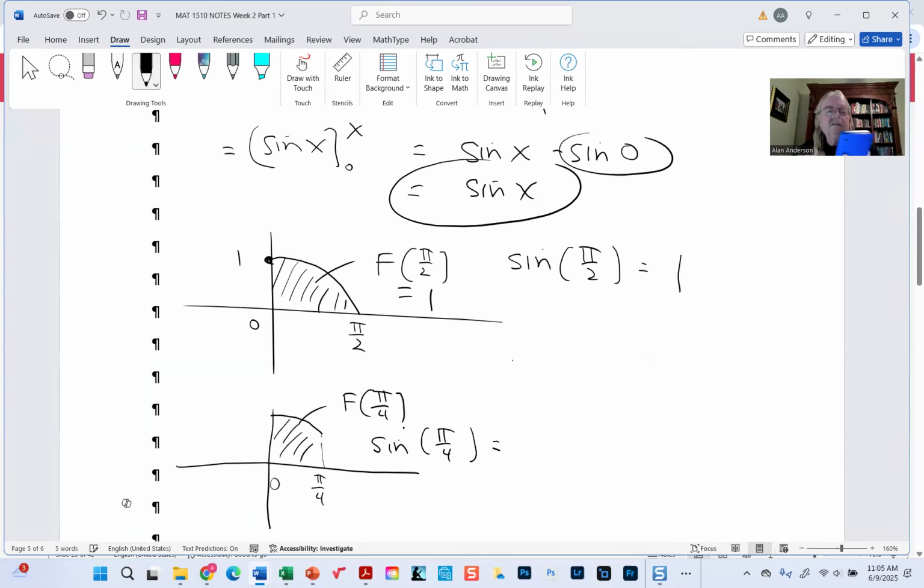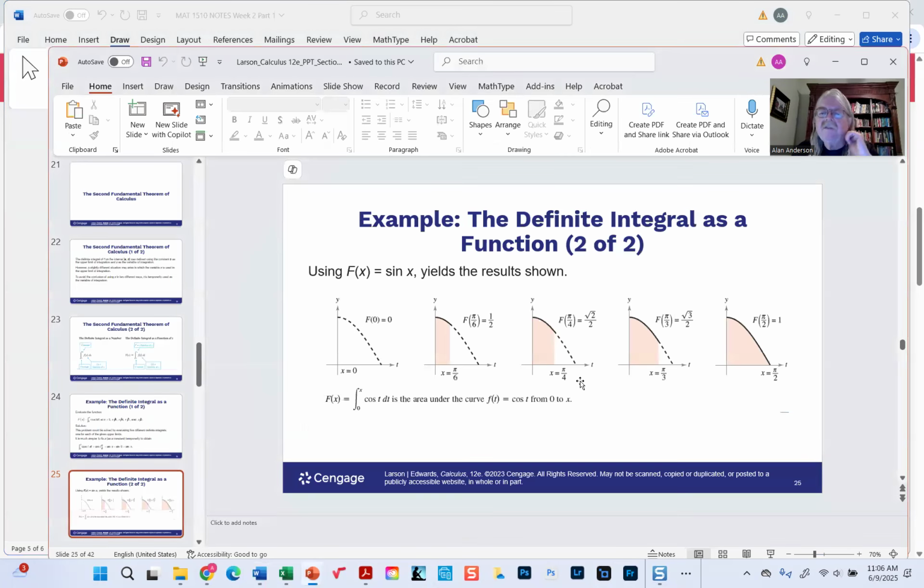All right, let's see what that is. It looks like it's radical 2 over 2, approximately 0.7. So they've gone ahead and done some of these for us. So, you get the idea.